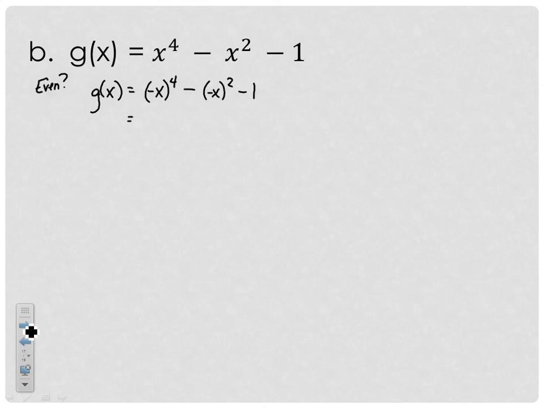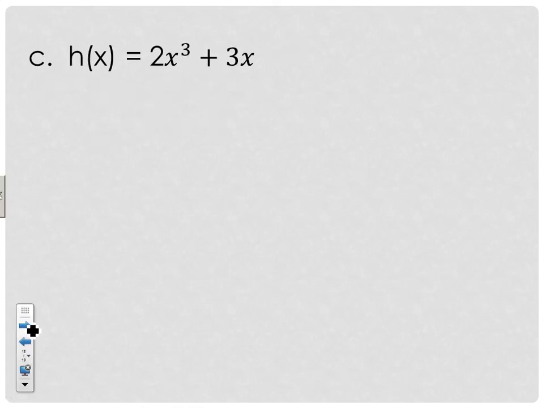And if we simplify this, we are going to come back to the same function that we started with, g of x. Okay, so this one is even. It will be symmetrical about the y-axis. Now if it's symmetrical about the y-axis, it can't be symmetrical about the origin, so we're not even going to run that test on it.